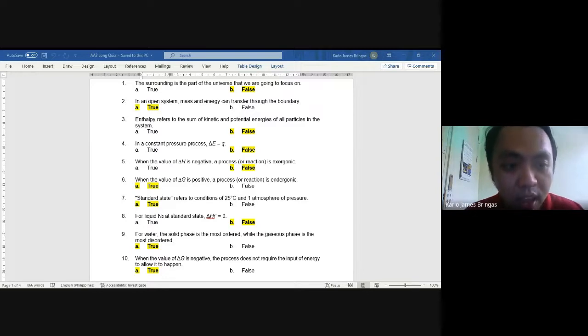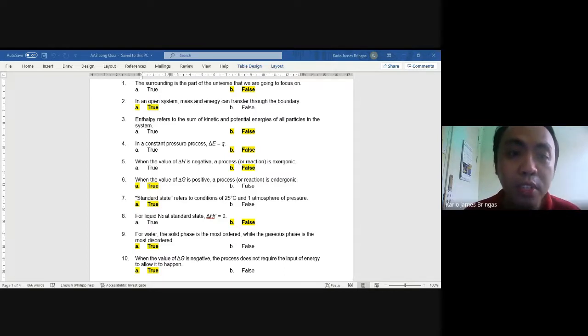Now for number 10, when the value of delta G is negative, the process does not require the input of energy to allow it to happen. So this one is true. When delta G is negative, guys, this is when you have an exergonic reaction. When we have an exergonic reaction, there is no need to input energy just to allow the reaction to occur.